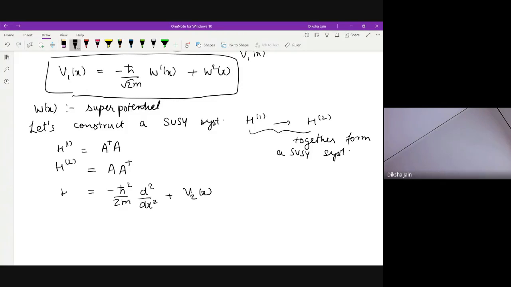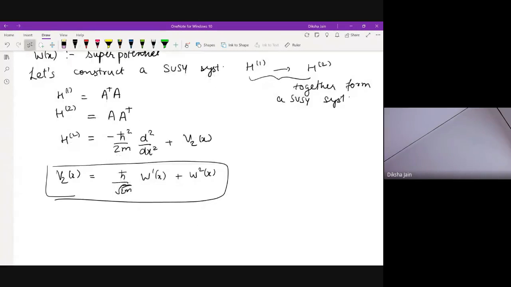If you write H2 as this, you plug in A and A dagger, you will find that V2 of x is given by h bar by root 2m times W prime of x plus W squared of x. So there is this minus sign difference between V1 and V2.